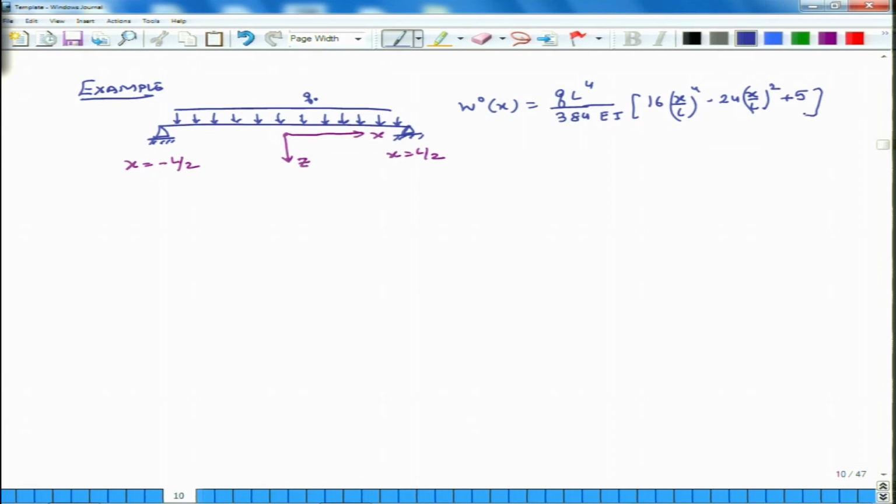This is the general solution from beam theory, which you have done in your undergrad engineering classes.